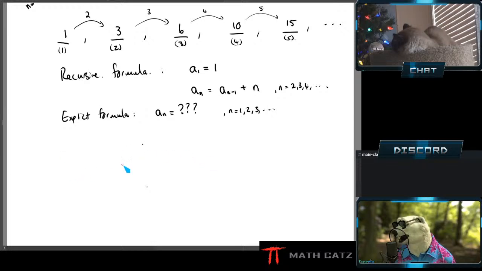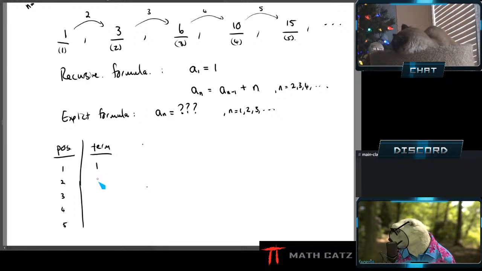What helps me is a table where I relate the position to the term in that position. Now positions 1, 2, 3, 4, and 5 should be sufficient. Extend my line here. First term was a 1, then a 3, then a 6, then a 10, then a 15.